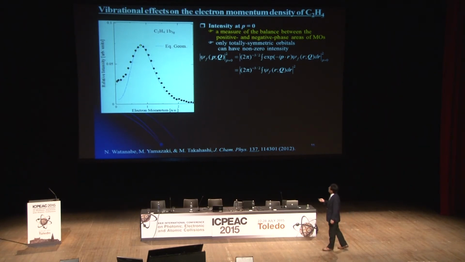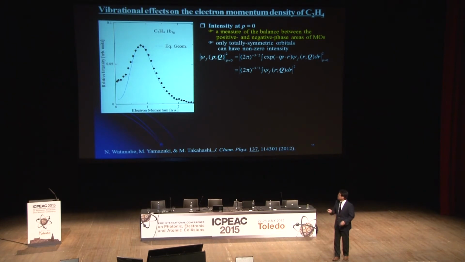This is the experimental momentum profile observed for the 1b3g orbital of the molecule. You can see while the experiment shows substantial intensity at the momentum origin, the theoretical calculation at the equilibrium geometry predicts zero intensity.